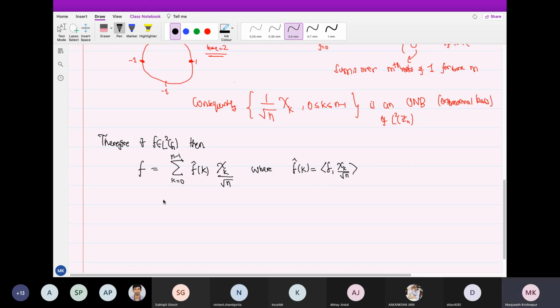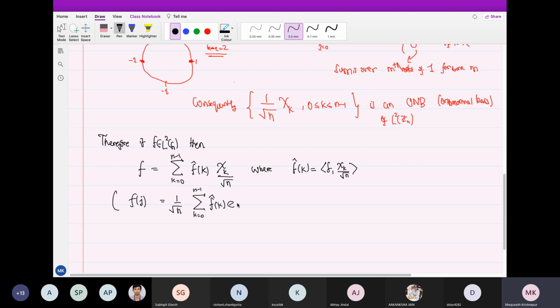It may be instructive to write this out. K equals 0 to n minus 1. So what this means is that f at any element j is the sum of f hat of k times chi k of j, where I have taken the 1 by root n outside.